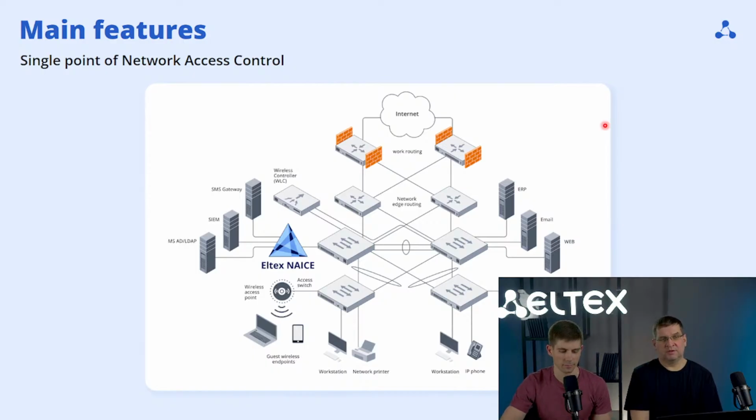But if we use a network access control system, we can set up the RADIUS protocol to authenticate wired and wireless users, which allows us not only to authenticate, it allows us to put them into different VLANs, to put them into different ACLs based on network user group and other attributes.